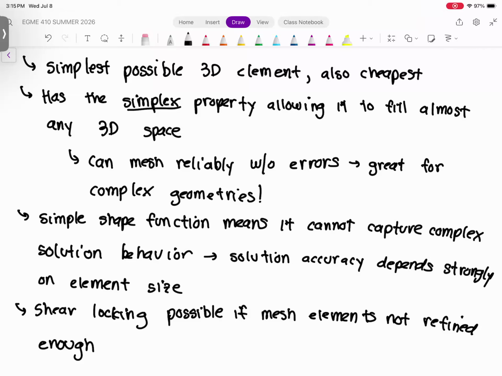Okay. Yeah, I have a question. Oh, question, go ahead. Yeah, so I'm trying to understand how something that could be good for complex geometry can at the same time not be so great for complex solution behavior.